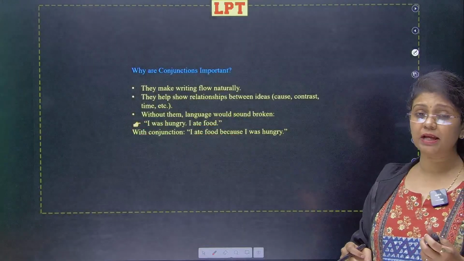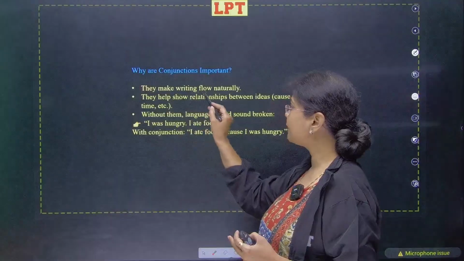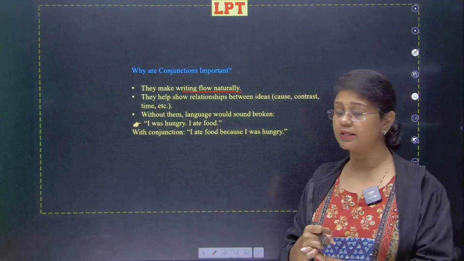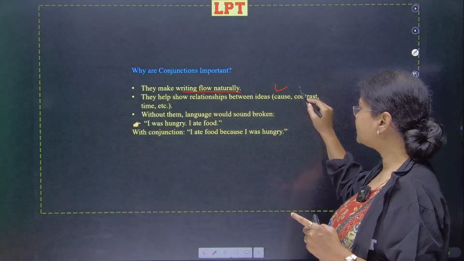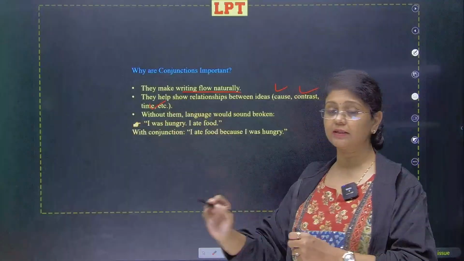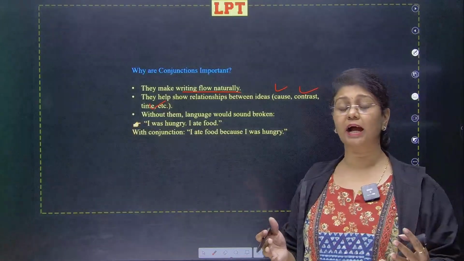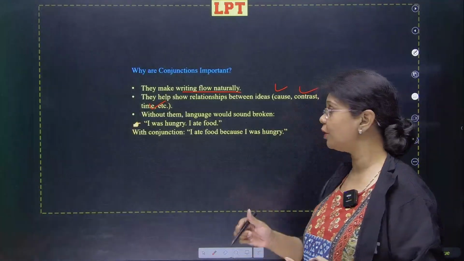Why conjunctions are important, as to why you need them in the sentence. First, they make writing flow naturally. So this is one of the reasons why you use conjunctions. Then they help show relationships between ideas: cause, contrast, time, etc. So if you don't use conjunctions, chances are that the sentences would not have the kind of clarity that we are looking for.